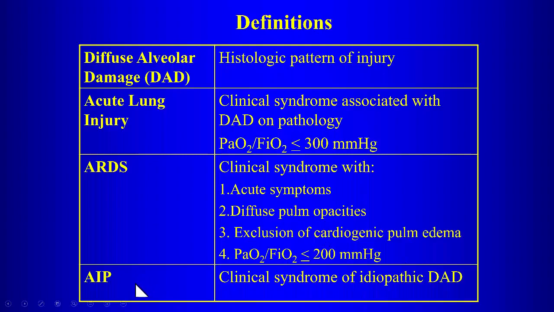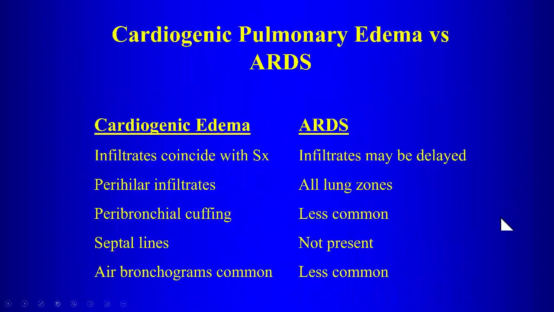And then AIP, acute interstitial pneumonitis, an idiopathic interstitial pneumonia, which essentially is idiopathic diffuse alveolar damage. So we don't know what caused the alveolar damage in most patients, but it is one of the idiopathic interstitial pneumonias.